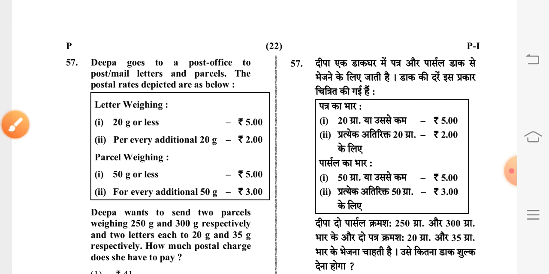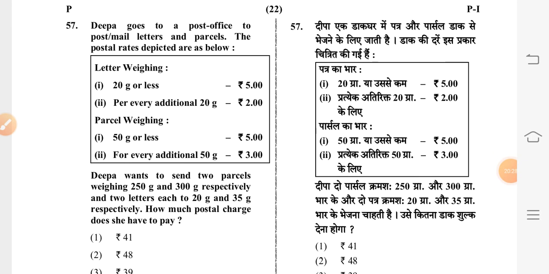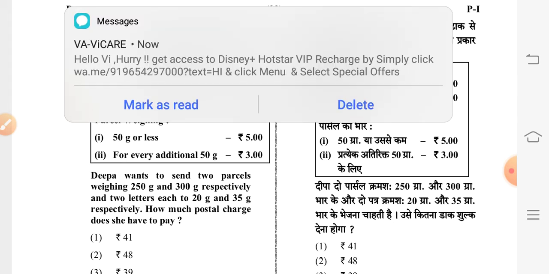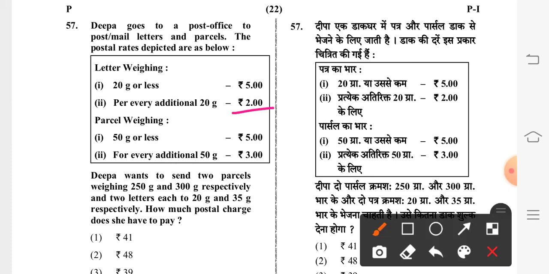Deepa goes to a post office to post mail letters and parcels. The postal rates depicted are as below. These are the postal rates for the 20 grams and less than 20 grams 5 rupees, per every additional 20 grams 2 rupees extra, and per parcel for the 50 grams 5 rupees, and for every additional and above, that means above 50 grams means 30 rupees extra.